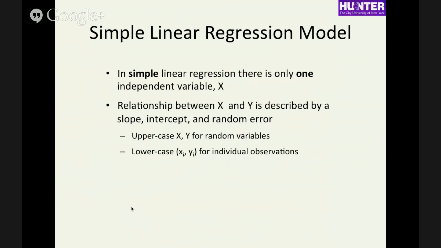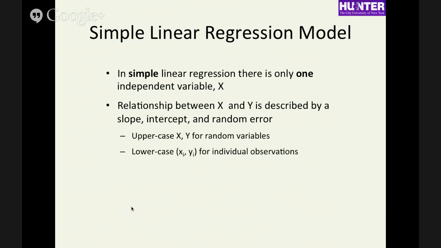Simple linear regression, so-called, just means that we have two variables, just one dependent and one independent variable. That's in contrast with multiple linear regression, which we don't get to. If you're in epi-bios, you get to that in your next course after this, where you have more than one independent variable.